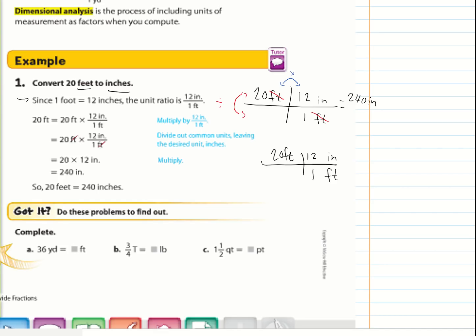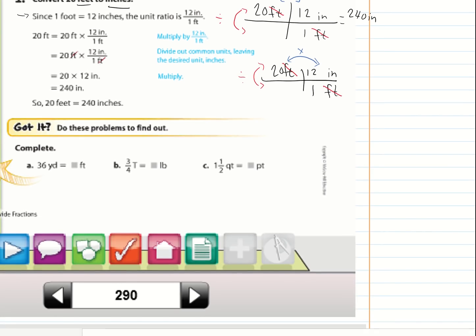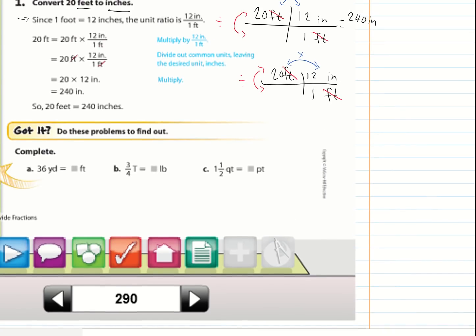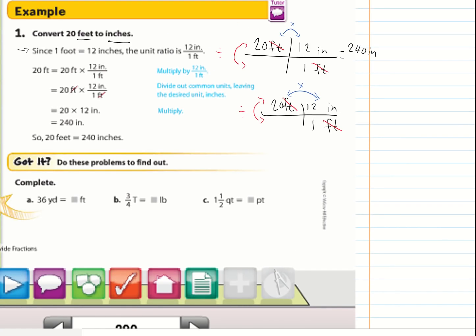So feet divided by feet are going to cancel. Just remember, up and down is dividing, and side to side is multiplication. So now that I got rid of my feet, I can do 20 times 12 inches. So just remember, get rid of your feet. We have to have the same units. And so after we multiply, 20 times 12 equals 240 inches.